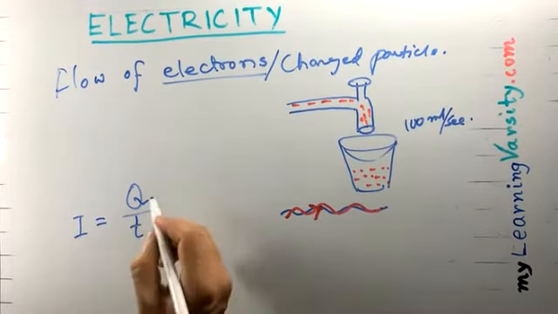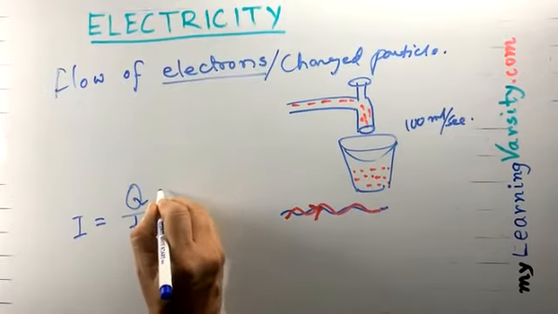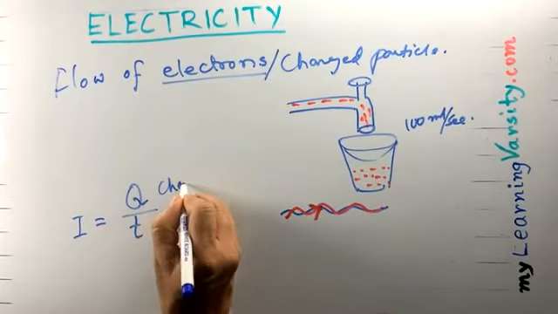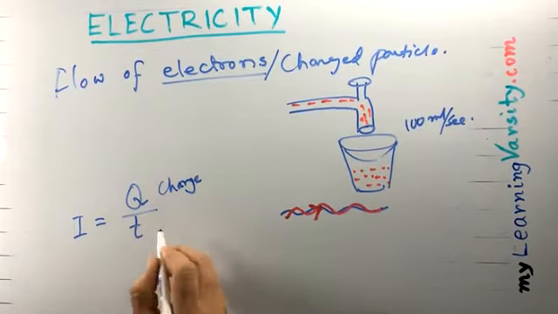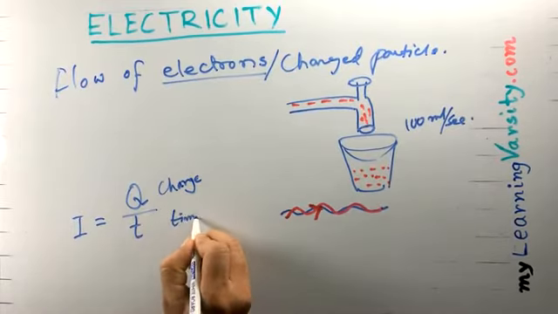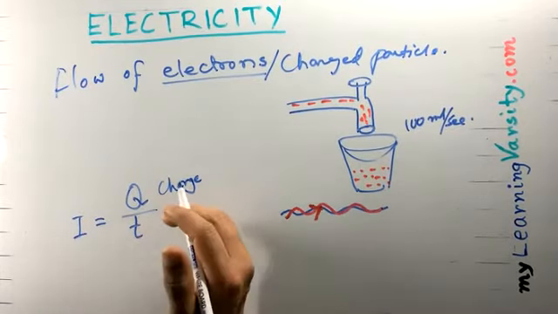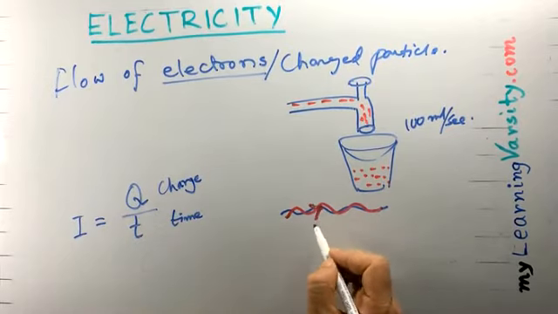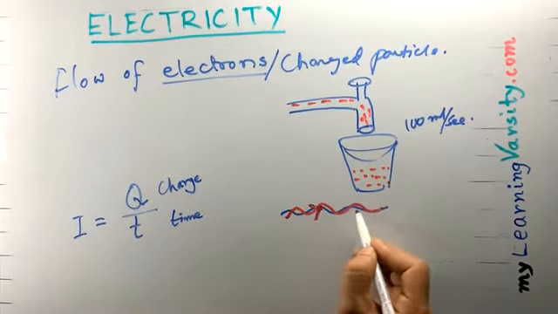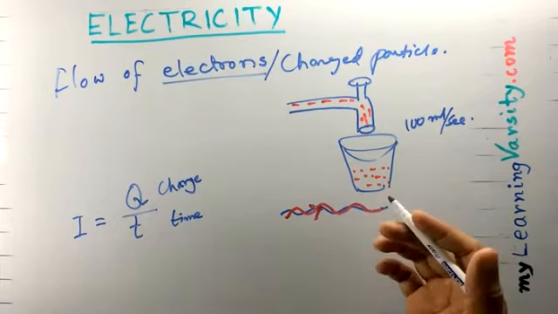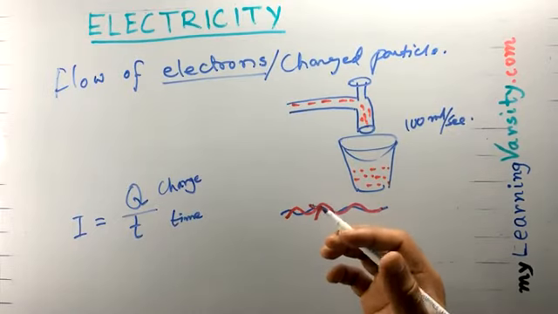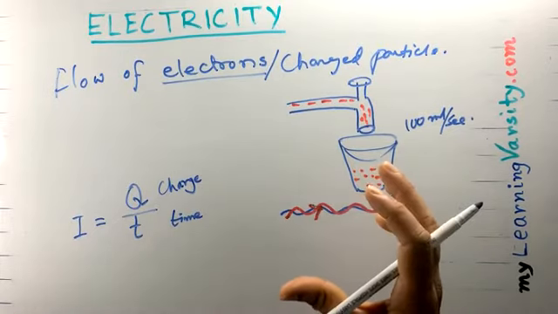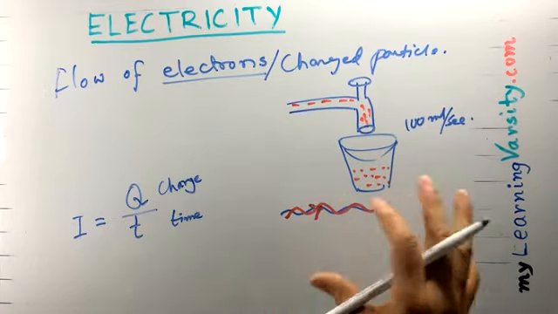So here what we see, Q is charge, T is time. That means per second how much charge is flowing, or how many electrons. If you simplify that way, this amount of charge means how much electron is flowing, because electron is carrying the charge.